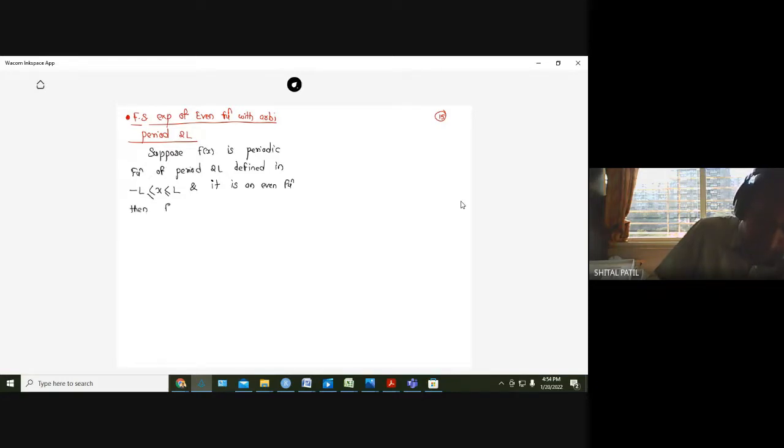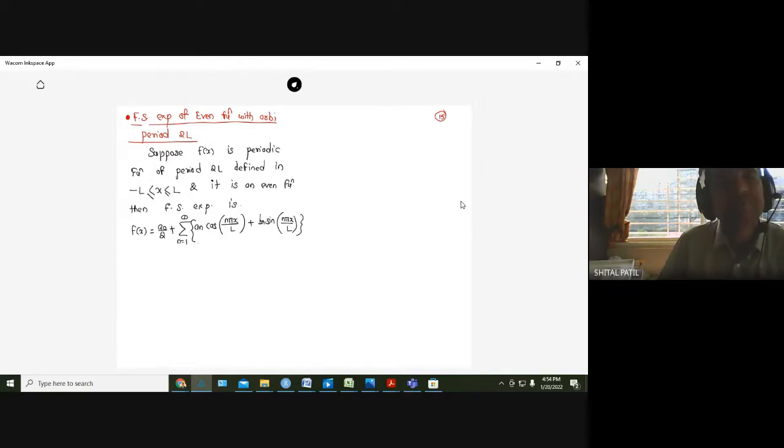The Fourier series expansion is, now we have studied the Fourier series expansion: f of x equal to a naught by 2 plus summation of an cos of n pi x divided by L plus bn sine of n pi x divided by L. Getting?